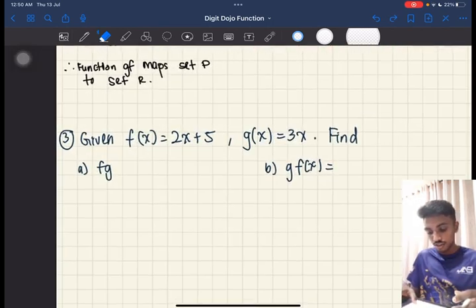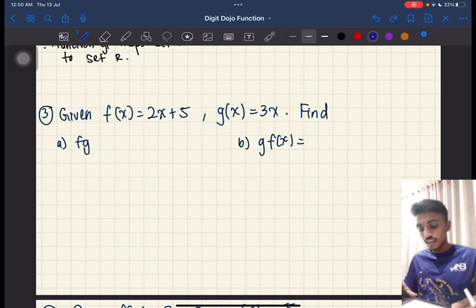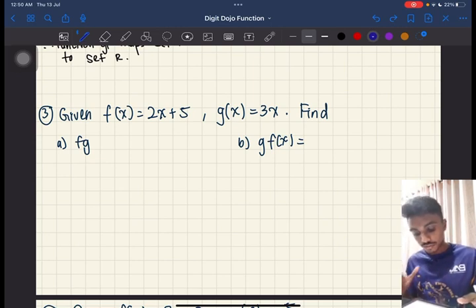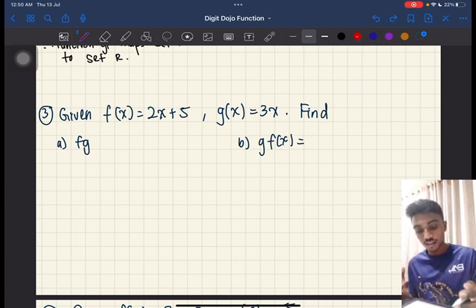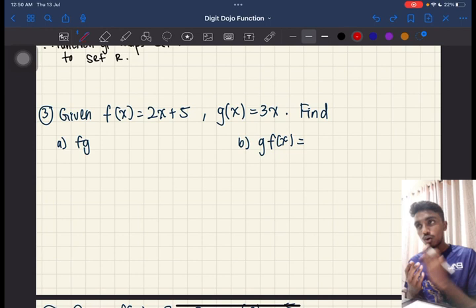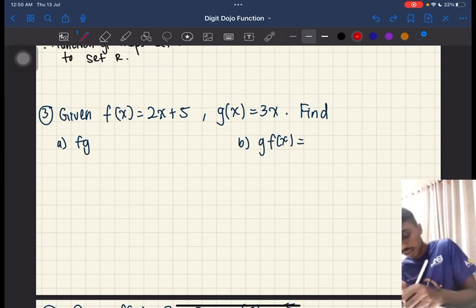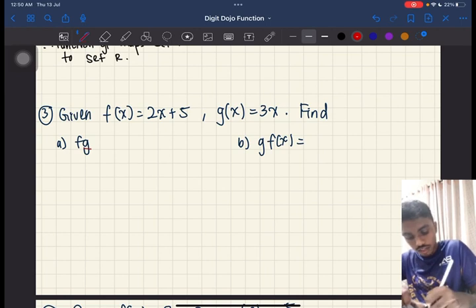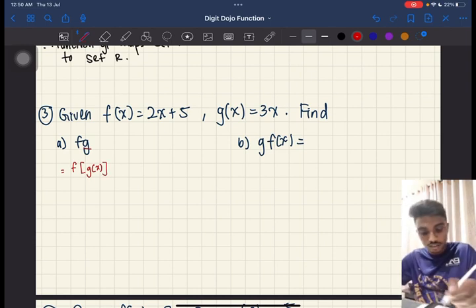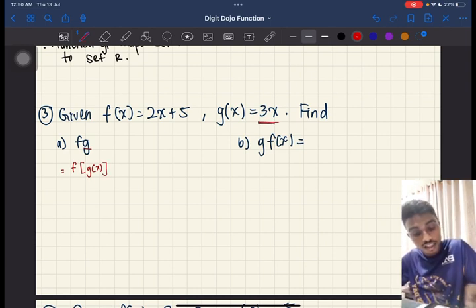Next, question number 3. Given fx is 2x plus 5 and gx is 3x, find fg. So we have to find fgx, and what we have to understand is g comes first and then only f. So we substitute gx inside f. What is our gx? 3x.